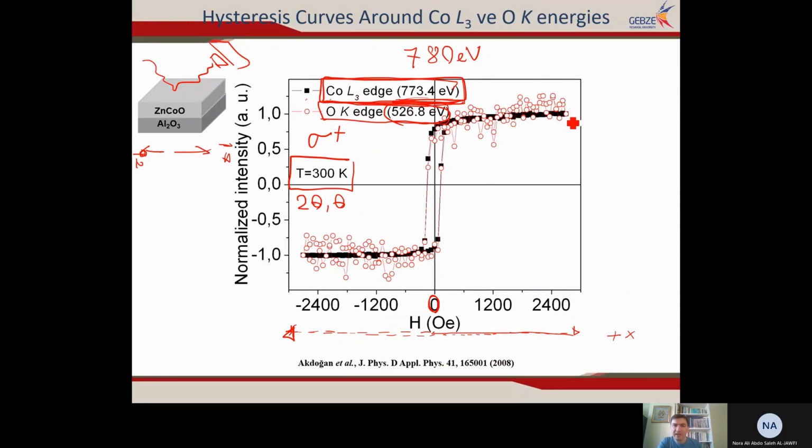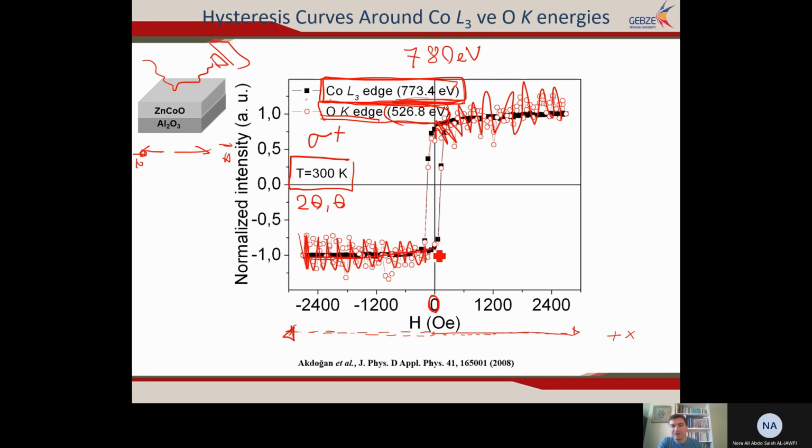So for the black one, for the cobalt, what you see here is that the signal is very strong, the data is very clear, okay, the noise level is very low, and I have a very nice hysteresis curve. But in the case of oxygen K, I have very noisy data. You see the red one from the oxygen, the data is very noisy.